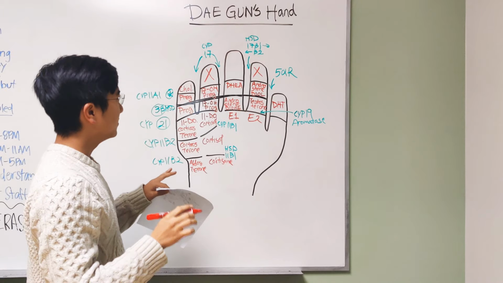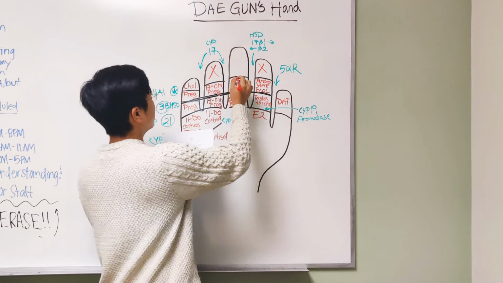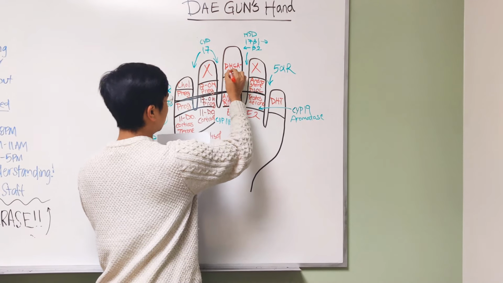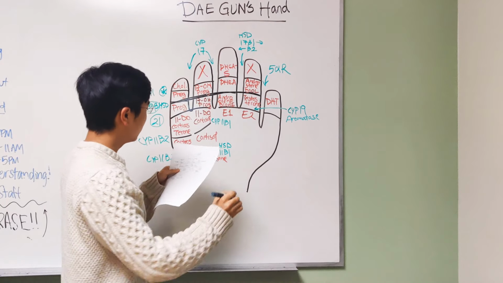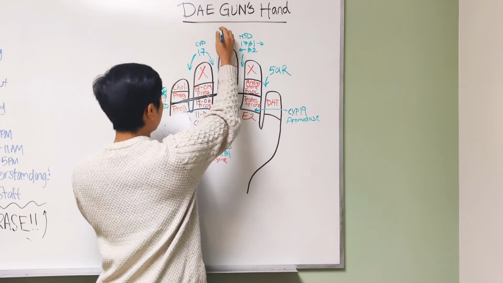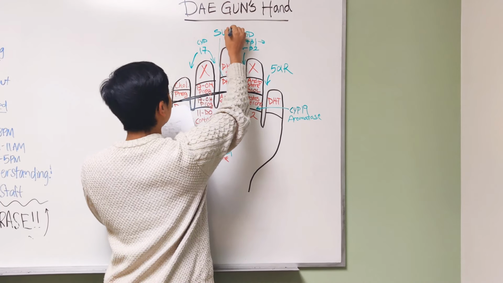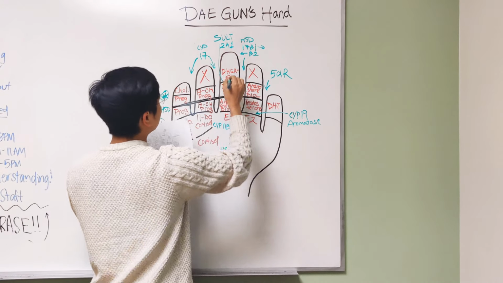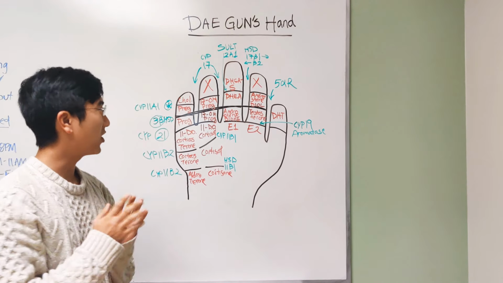In one of the slides in the lecture, we learned about DHEA sulfate. For that, there's one more enzyme right here, and that enzyme is SULT2A1. So this is basically the whole chart in your hand.